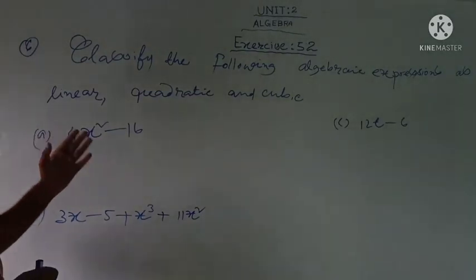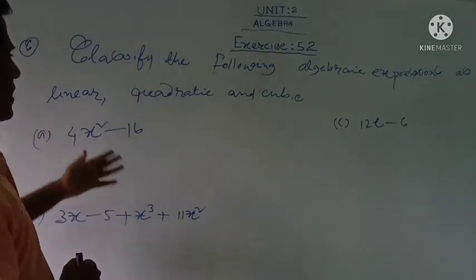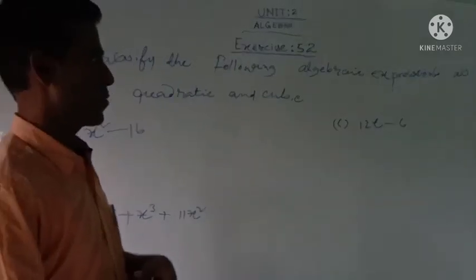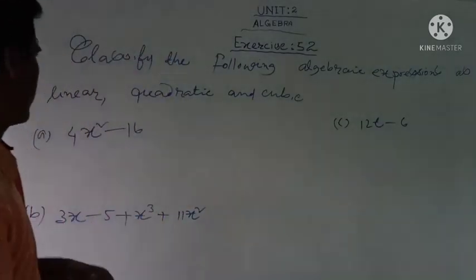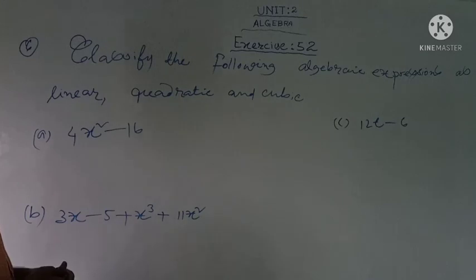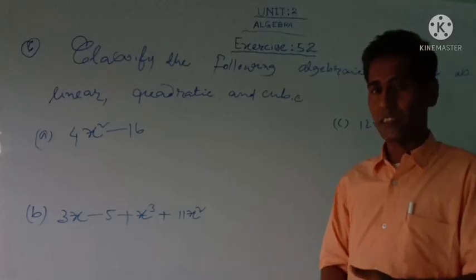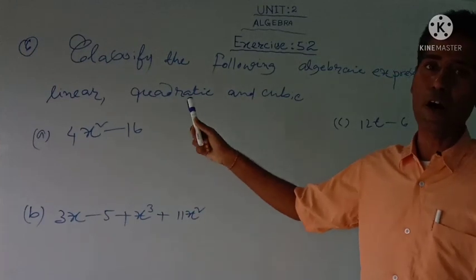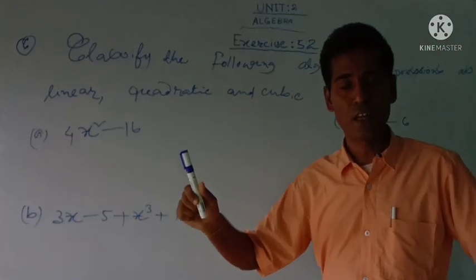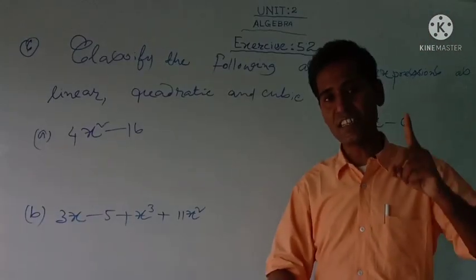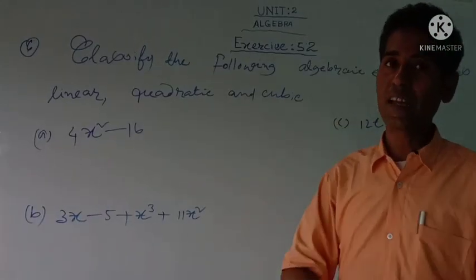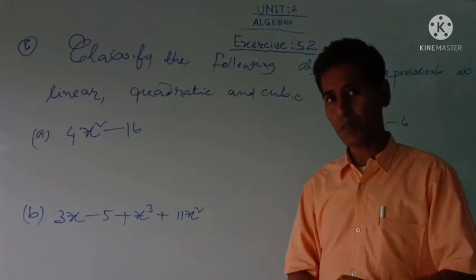Well children, now let us proceed to question number 6, that is, classify the following algebraic expressions as linear, quadratic and cubic. On the basis of the degree, an algebraic expression is classified as linear, quadratic or cubic. It's very simple.